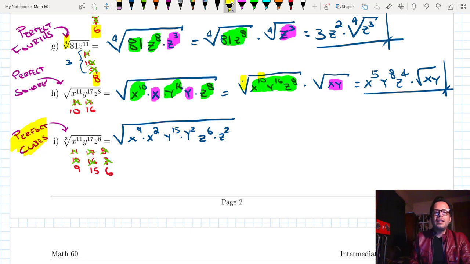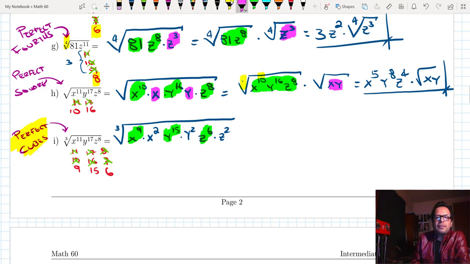And last but not least, for the powers of z, 6 plus 2 equals 8. Now let's highlight the perfect cubes: x to the 9th, y to the 15, and z to the 6th.